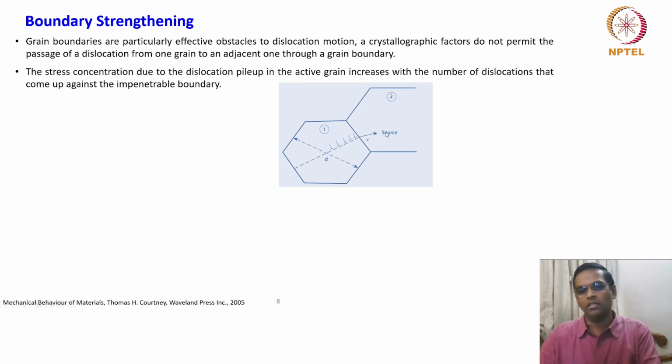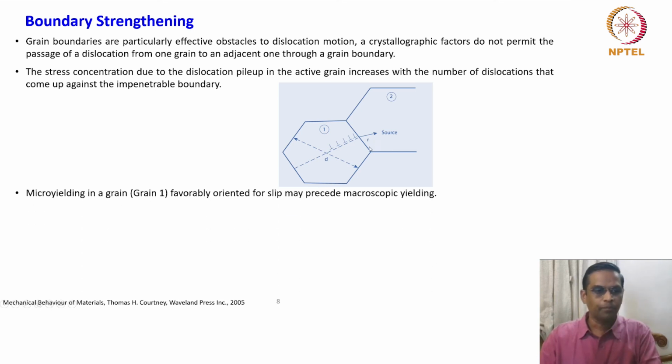Then there is some source where there is a potential for dislocation multiplication, at a distance r from the boundary. To activate this dislocation multiplication, the stress has to assist, the dislocation pileup from here and the boundary stress concentration which is built up here will try to activate that source. That is something we are trying to see.